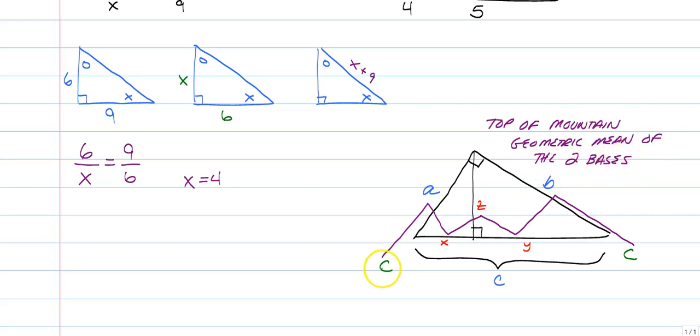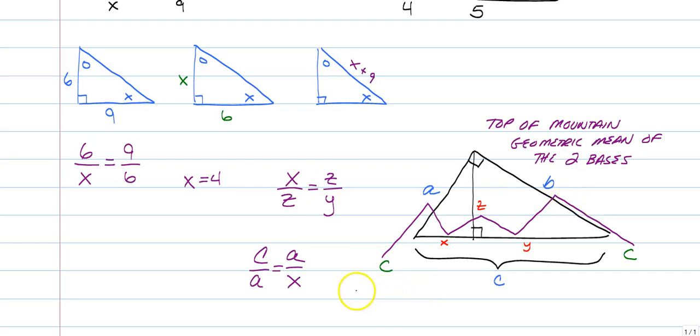So, as you can see, we have C and X are the bases of A. So we would have C over A equals A over X. Z is the top of the 2 bases, X and Y. So another one of our geometric means would be X over Z equals Z over Y. And your last one would be over here to the right.